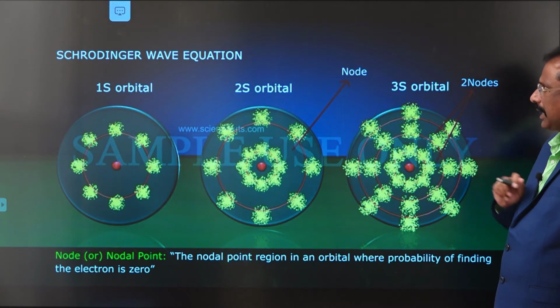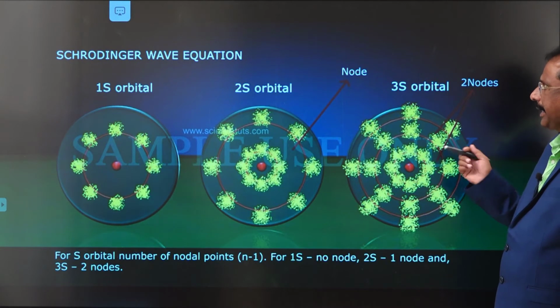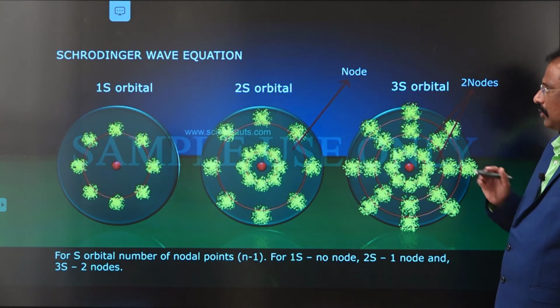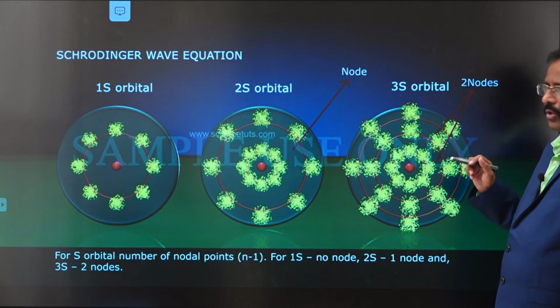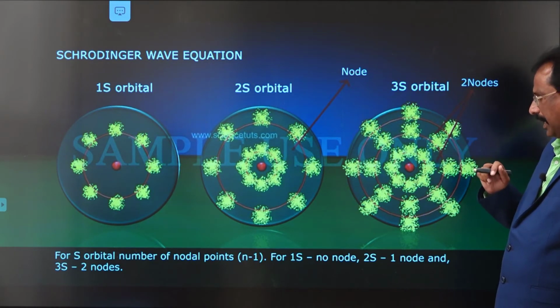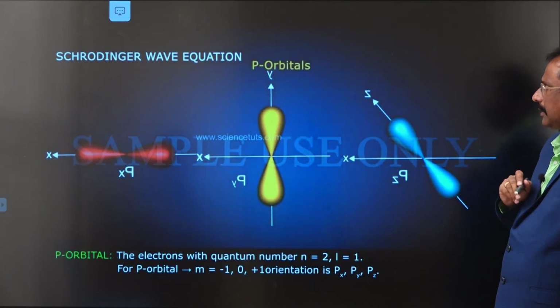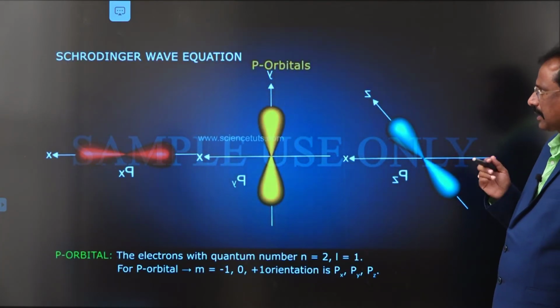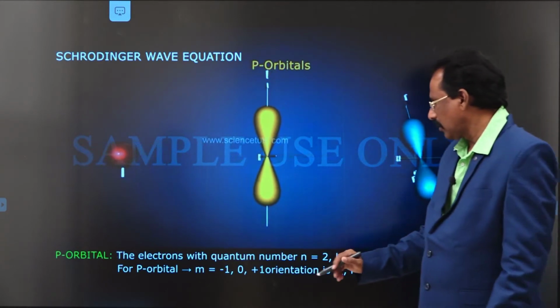The formula to calculate the spherical nodes or radial nodes is n minus l minus 1. The total number of nodes formula is n minus 1, meaning the sum of the spherical nodes and angular nodes.